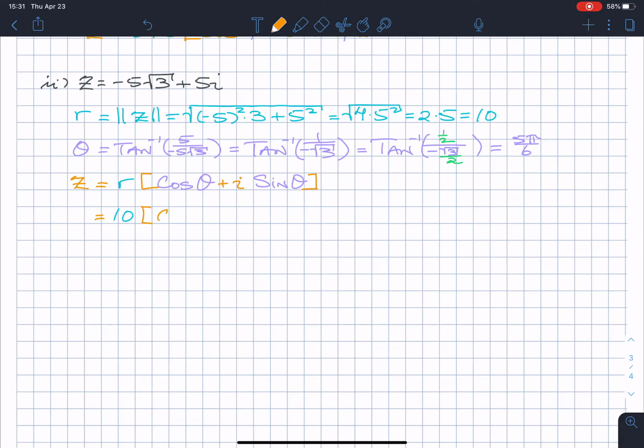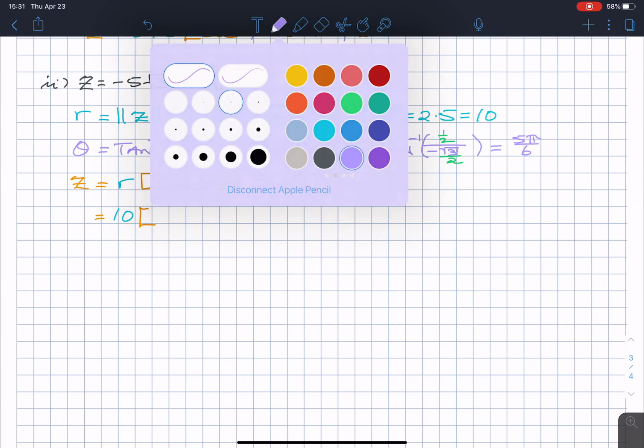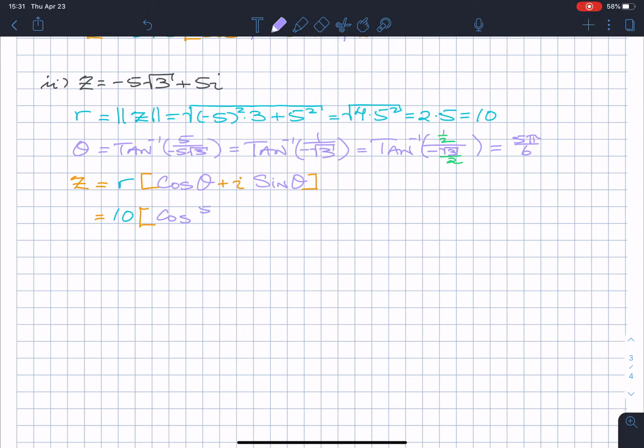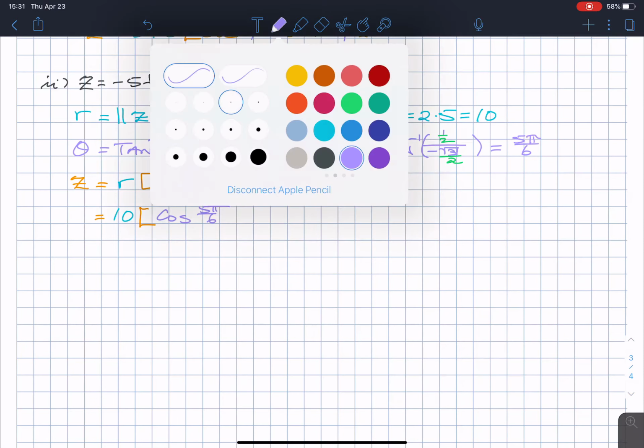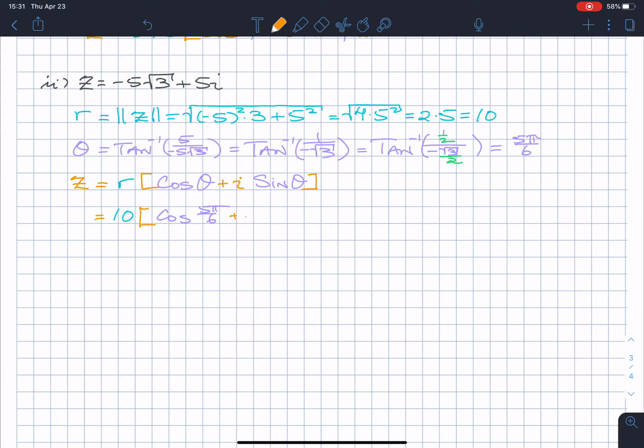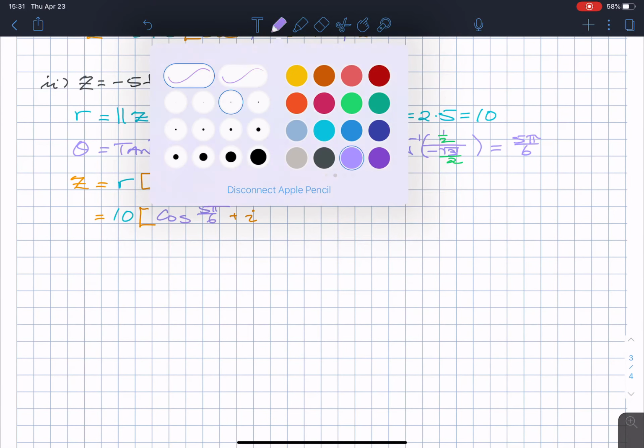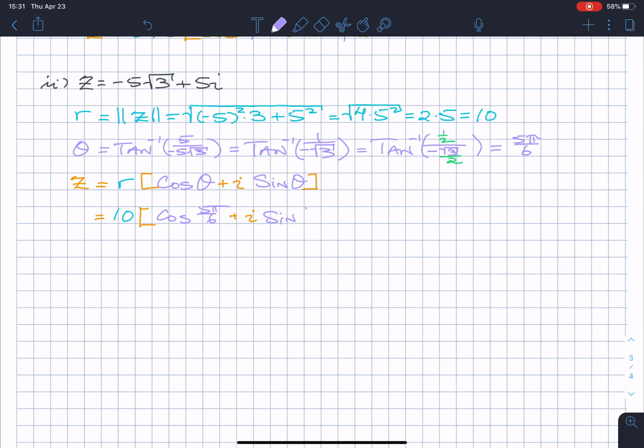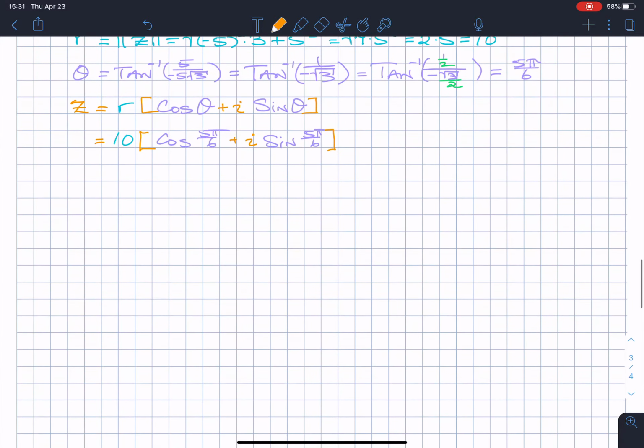And this is going to be cosine of 5 pi over 6 plus i times sine of 5 pi over 6. Okay, so that is the trigonometric form of that complex number.